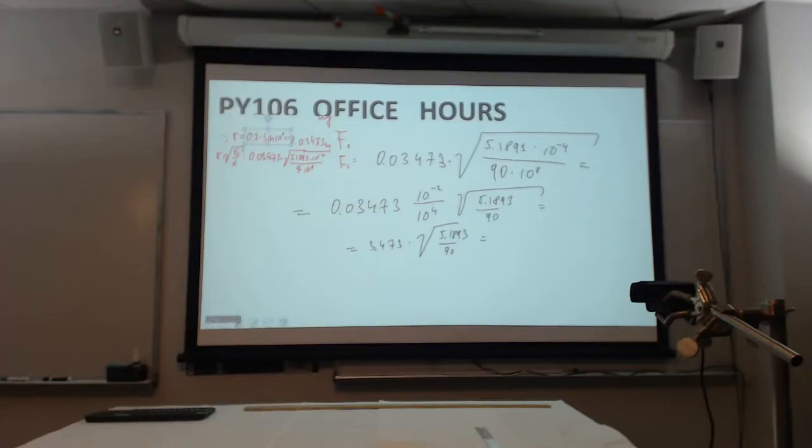Square root of 5.1893 over 19.2 times 3.49.